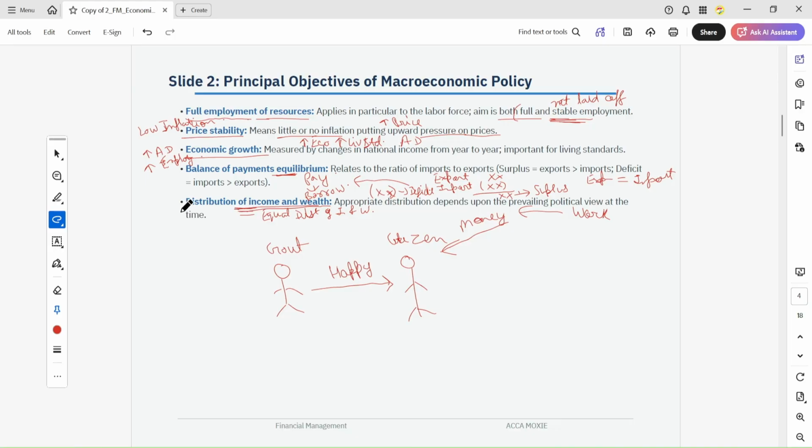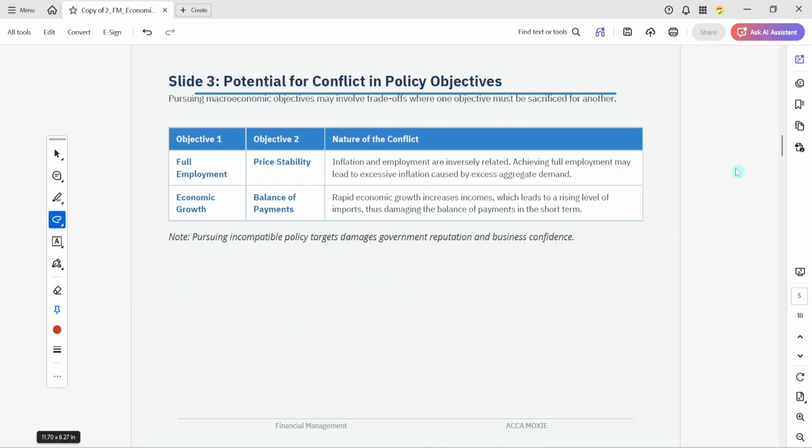So the government will put higher taxes on the rich and lower on the poor, or give goods or, like, homes to the poor people, so that there is no big difference between rich and poor. Now we have to understand the conflict between the objectives.